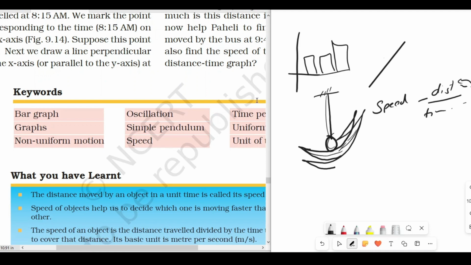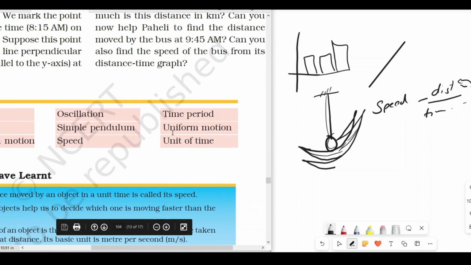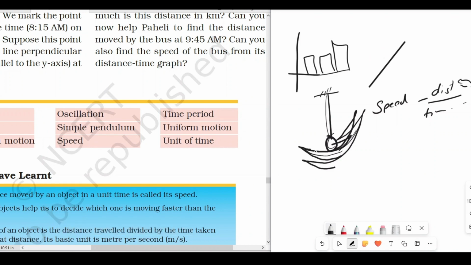Okay. Next, what is time period? The time taken by the bob or the pendulum to complete one oscillation is called its time period. Okay. Uniform motion we discussed already. And then unit of time. What is the unit of time? Seconds or minutes or hours.